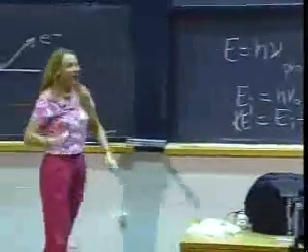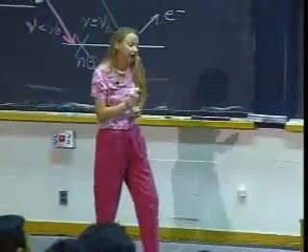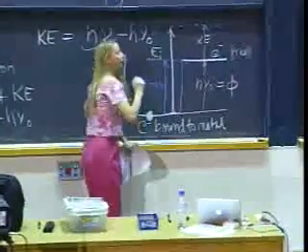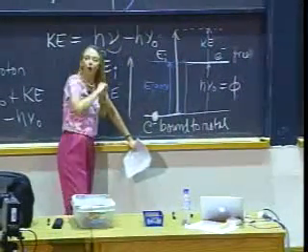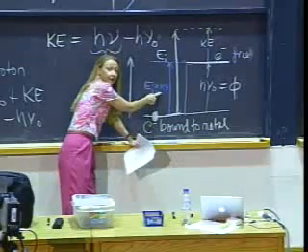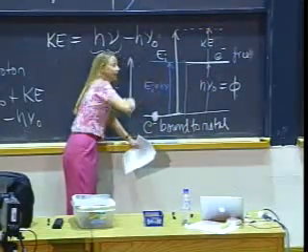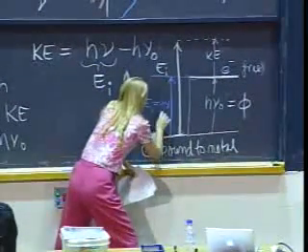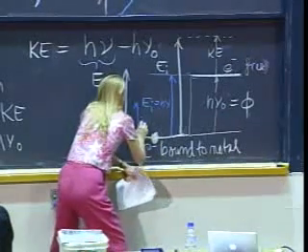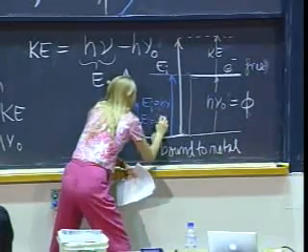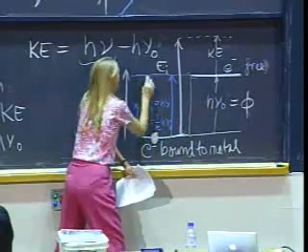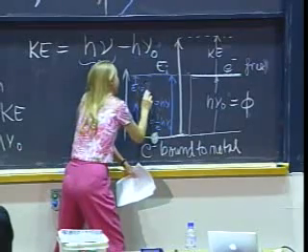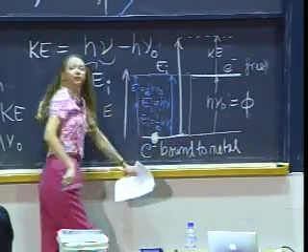Now, another very important point that I'm going to emphasize is that you absolutely, positively, no question, have to have a photon of at least this energy to get the electron off. What you cannot do is have, for example, a photon with half of this energy, 1/2 h nu naught, or have two photons come in with half of this energy and make that electron come off.